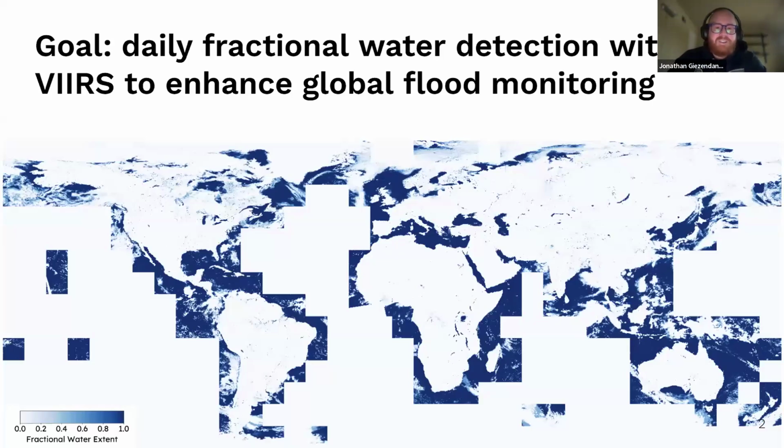I probably don't need to give you the motivation too much given the context of this seminar. But as you know, floods have become a major issue, increasing in severity and intensity over the past couple of years. So a couple of years back, we decided to start working on a global daily monitoring tool for fractional water detection that could be used for global flood monitoring.